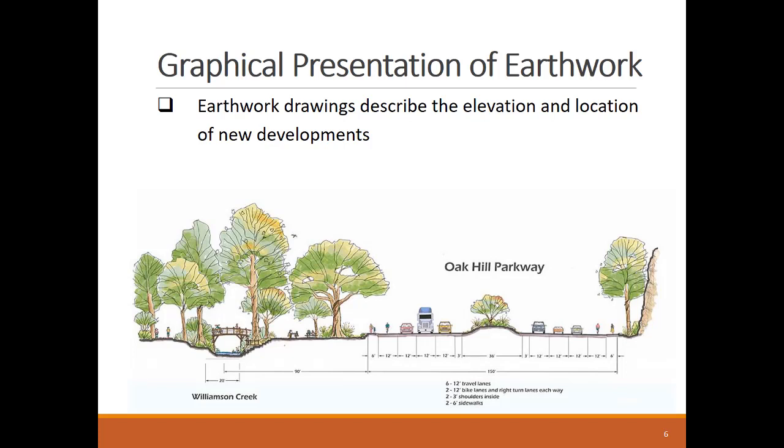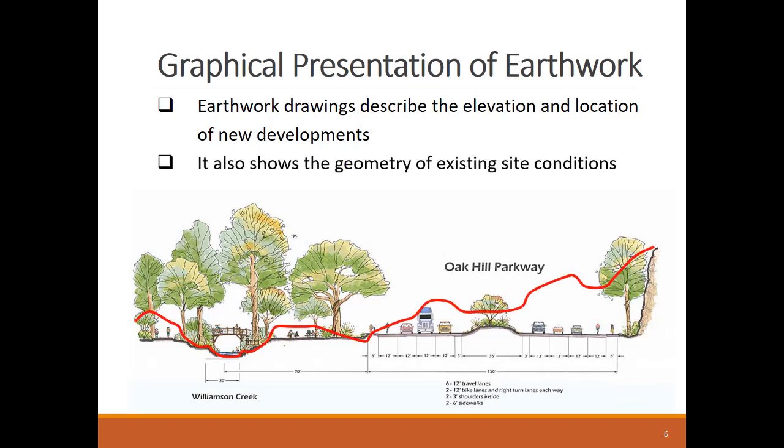The starting point for earthwork planning are drawings, which describe the elevations of existing and new site grounds. As you can see, the red line in this cross section is the current site elevation, which will be constructed into a parkway along the creek.